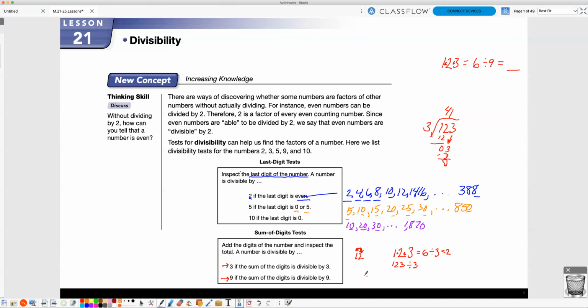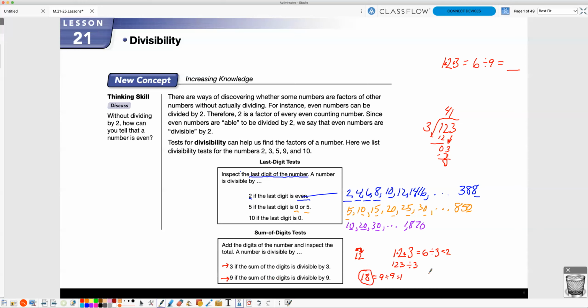So like 18, for example. If you add 1 plus 8, that equals 9, and 9 divided by 9 equals 1. So that means that 18 is divisible by 9.